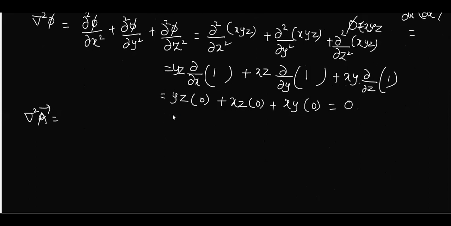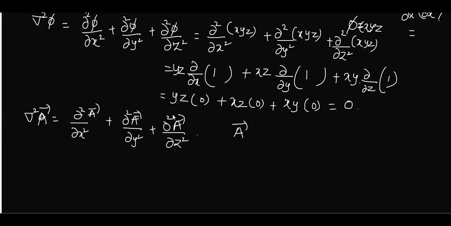Now, what is the definition of del square a bar? Dou square by dou x square of a bar, same way, instead of phi, we have to write a bar, plus dou square a bar by dou y square, plus dou square a bar by dou z square. Correct? What is a given as in the problem?